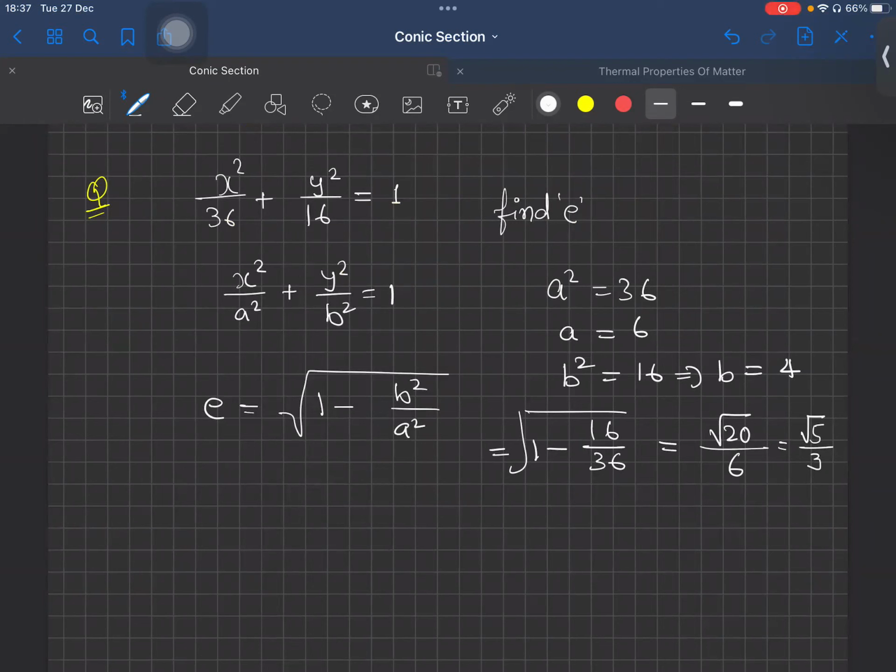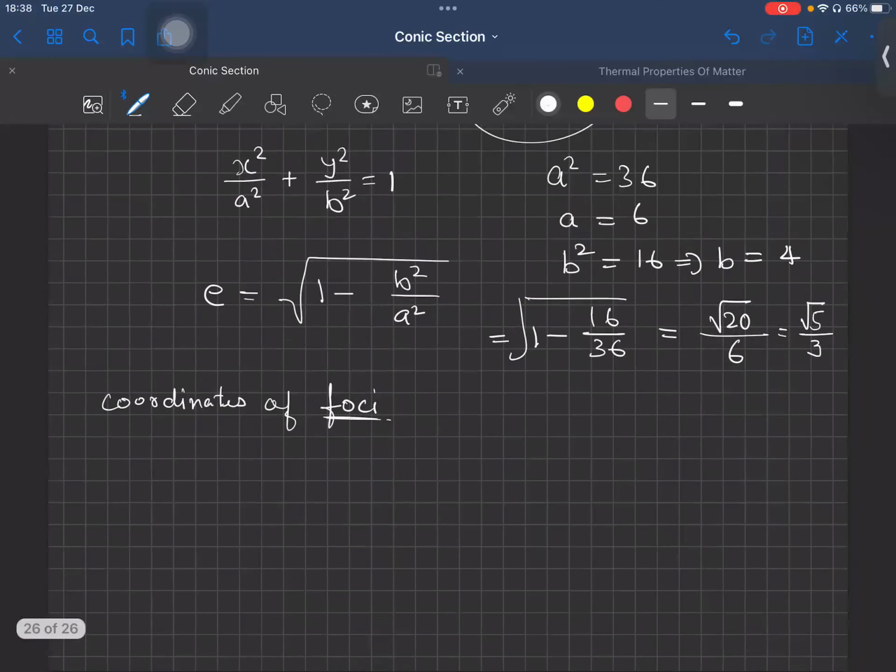Right? Now find out the coordinates of focus. Eccentricity you have got. Very good. Now find the coordinates of focus. So there are two focuses, right? S1, which is AE comma 0, isn't it?